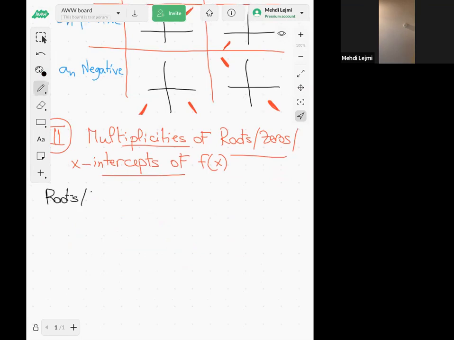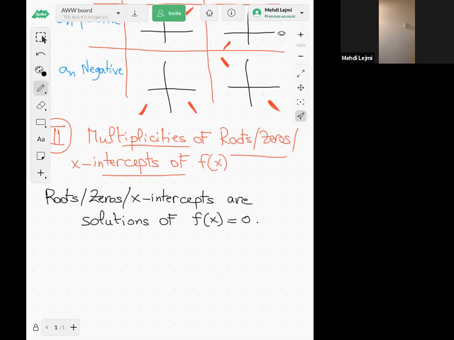They are just equivalent names; they are just solutions of f of x equal to 0. Then we define the multiplicity of roots or zeros or x-intercepts. So, definition.